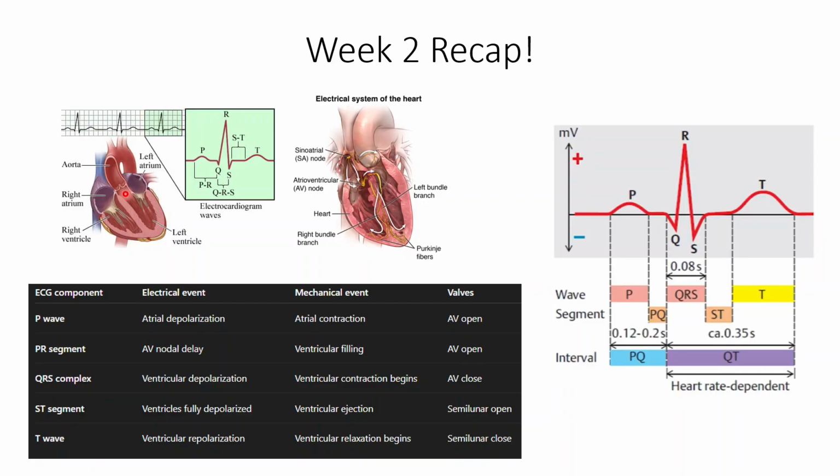And then once that has happened, you finally have the T wave, where your ventricular repolarization happens. So what does that mean with respect to the ionic way of looking at it? You have your cells coming back to resting membrane potential, right?